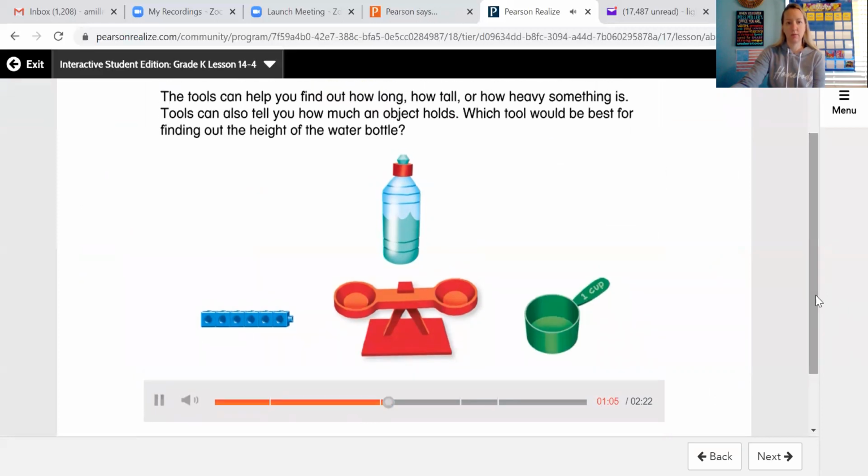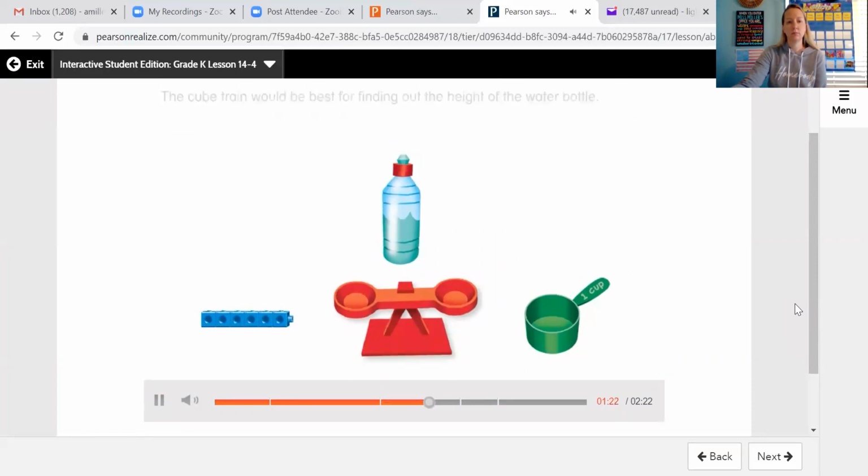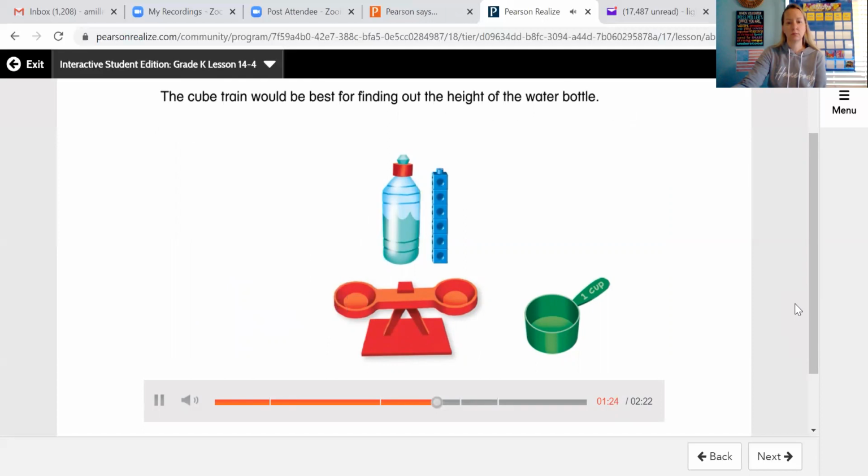The tools can help you find out how long, how tall, or how heavy something is. Tools can also tell you how much an object holds. Which tool would be best for finding out the height of the water bottle? The cube train would be best.